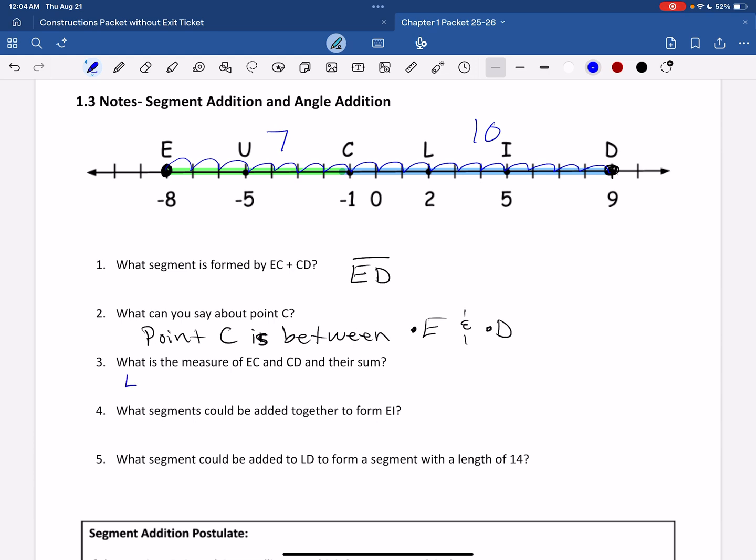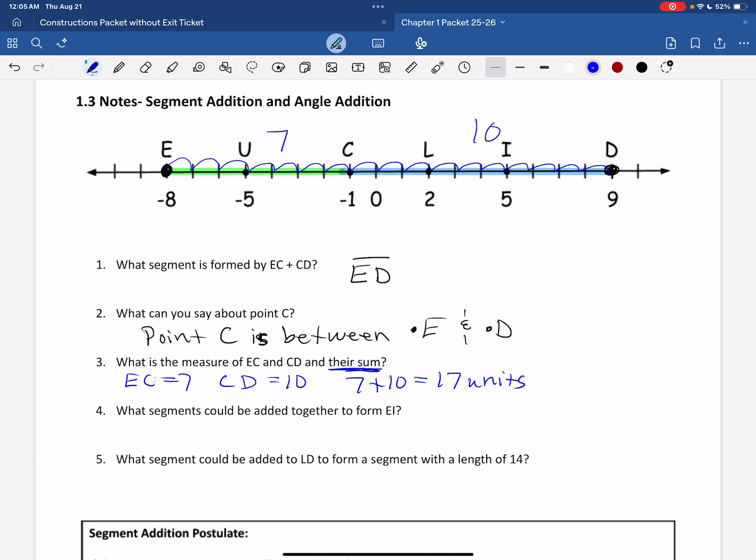So we can say that EC is equal to 7, and CD, I do not know what's going on here, guys, but I'm going to do my best to get through this. CD is equal to 10, so their sum then would be 7 plus 10, which is 17 units.